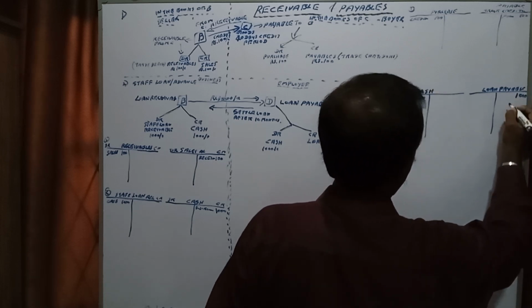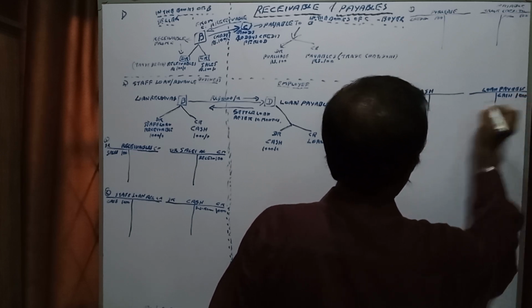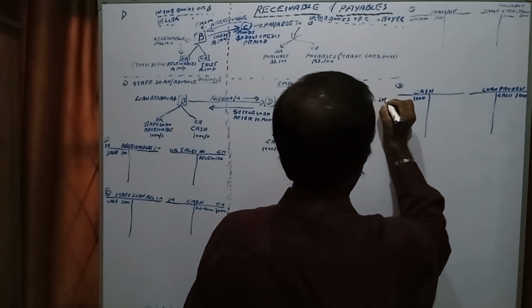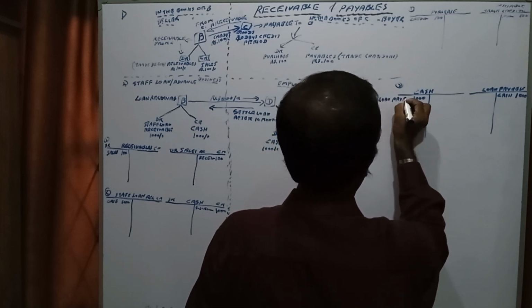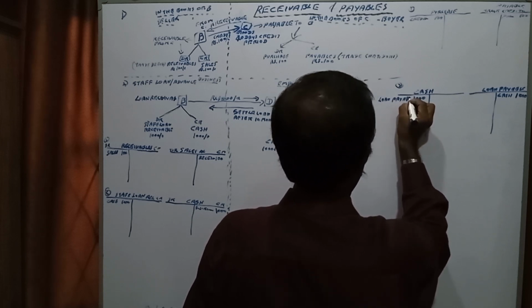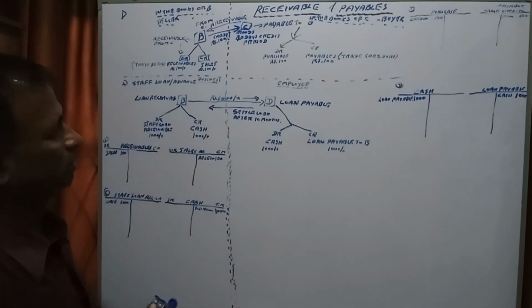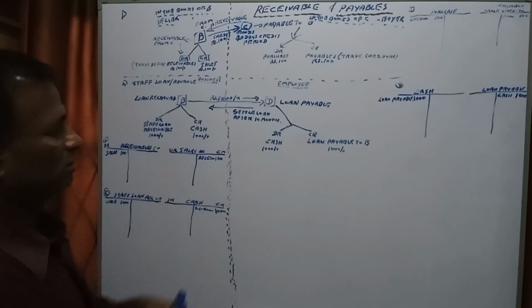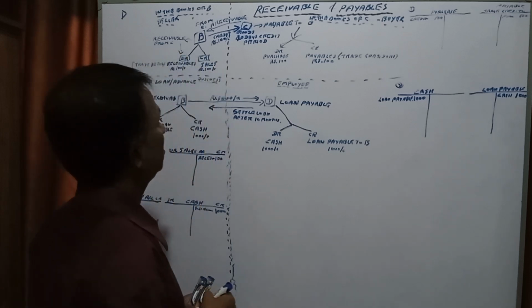It is a liability, so you are putting cash. So here, loan payable. This is the double entry. So can I give the journal entries for this?